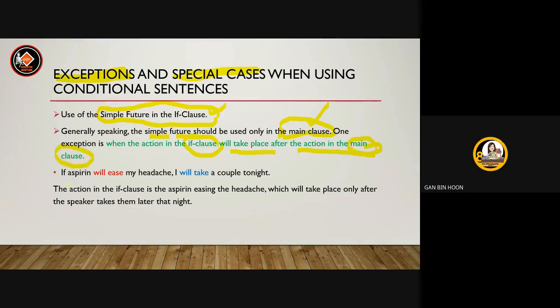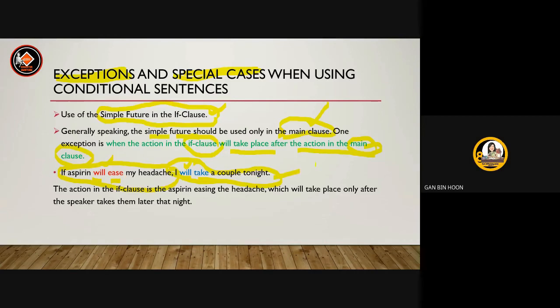Example: if aspirin will ease my headache, I will take a couple tonight. Apa maksud dia? Dua-dua boleh guna will jika perbuatan yang awal ni, if ni, dia akan berlaku selepas ayat yang kedua ni. Can you understand? Kenapa boleh guna dua-dua will?